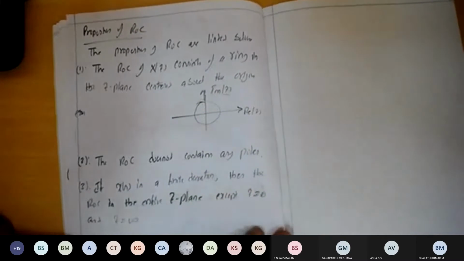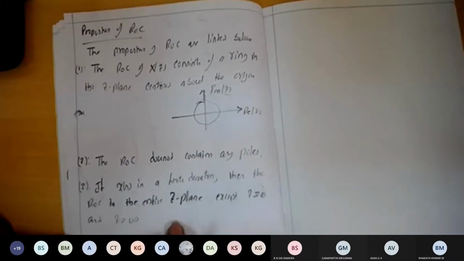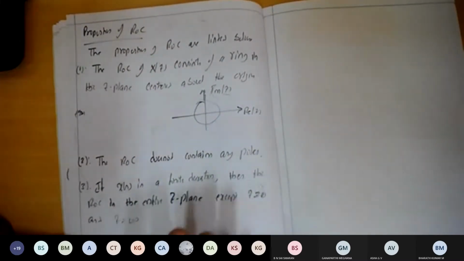Take the next property. After this we have seen the right-sided sequence. For the right-sided sequence, the ROC is going to lie outside the circle.